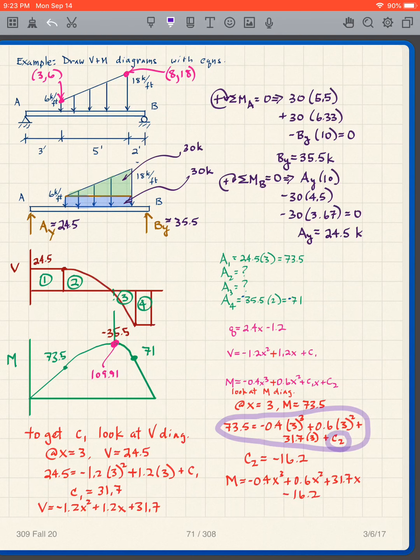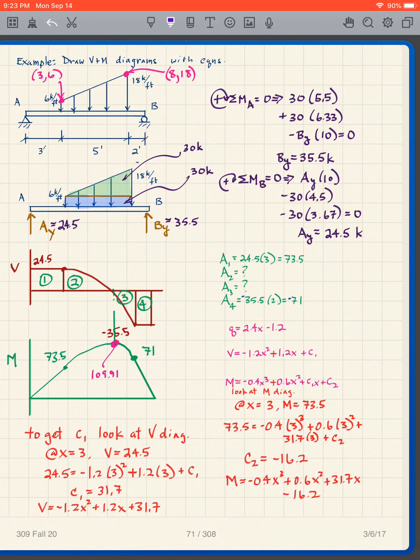I solve for C2. I get C2 is equal to negative 16.2. And that becomes my equation for the moment diagram in this region. So that gives me the equation of that curve there.